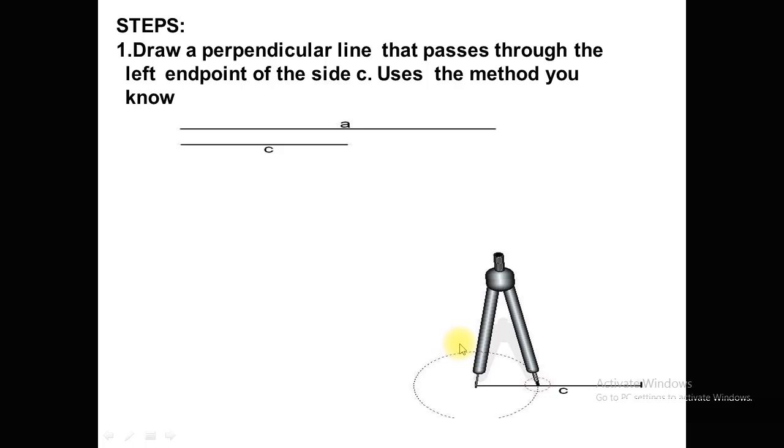You will get a 30 degree angle at this arc, and this arc will be 60 degree. So 60 plus 30 is equal to 90 degree. And when we construct the angle of 90 degree, it means that we draw a perpendicular line at this point.